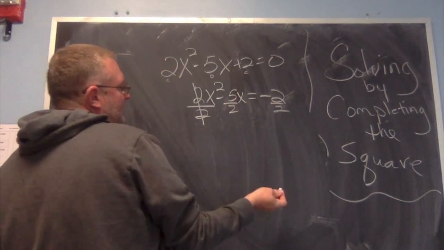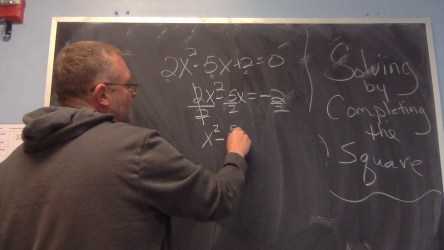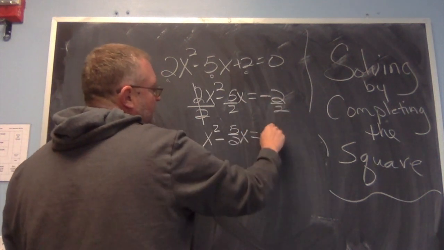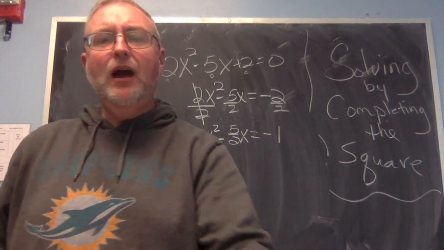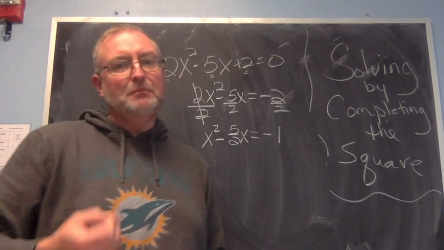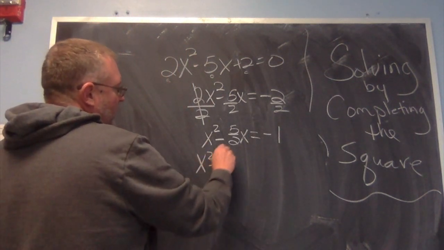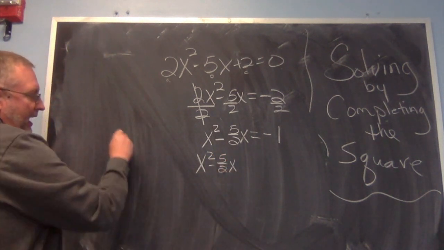Now that will eliminate that, which gives me just x squared minus 5 over 2 x equals negative 2 divided by 2 is negative 1. All right? So now I have gotten this down to the point where I can complete the square. You complete the square, x squared minus 5 over 2 x, by multiplying this by a half.